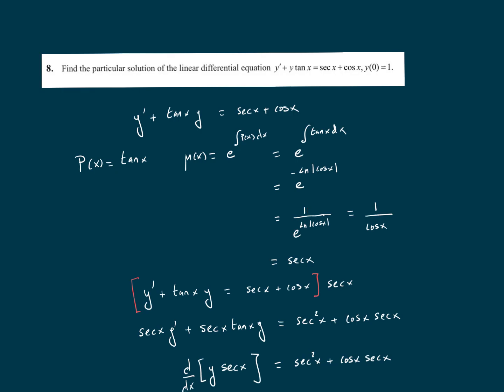So it will be 1 divided by e to the natural log of cosine of x, but e to the natural log of cosine of x is cosine of x. So it will be 1 divided by cosine of x, which is secant x.